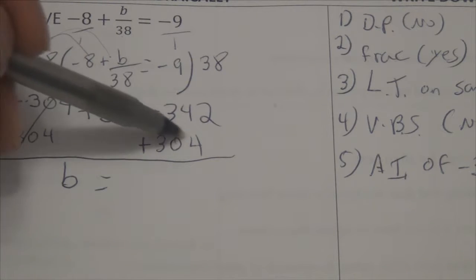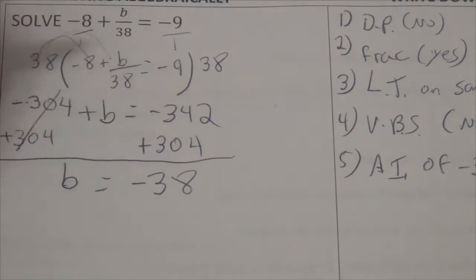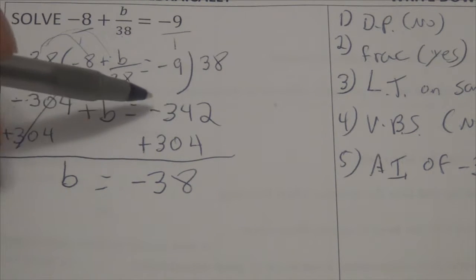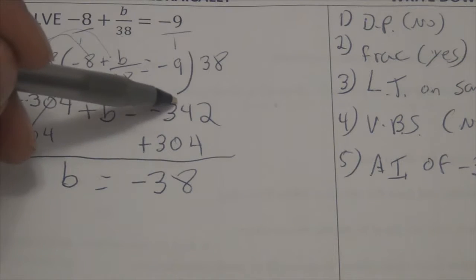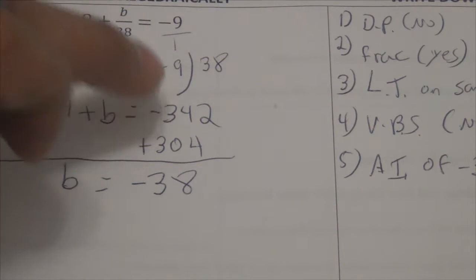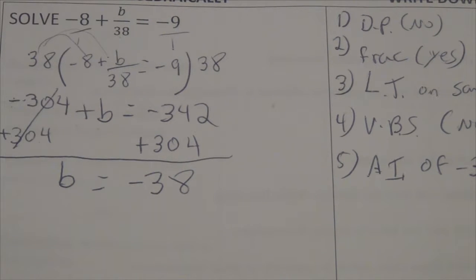Okay, they have different signs, so I have to subtract them. So then this is negative 38, because when they have different signs, you subtract them and keep the sign of the number that looks bigger without the sign. Okay, got it. So that's basically what it is. That's how you solve the equations.